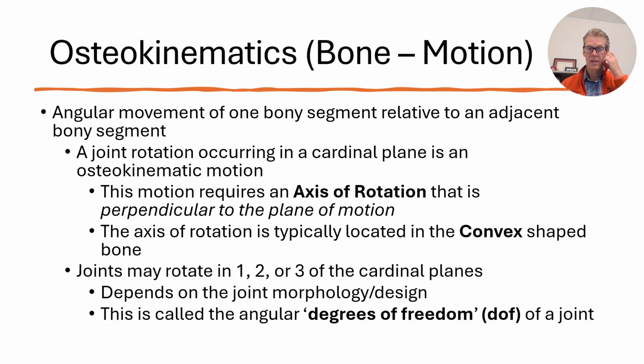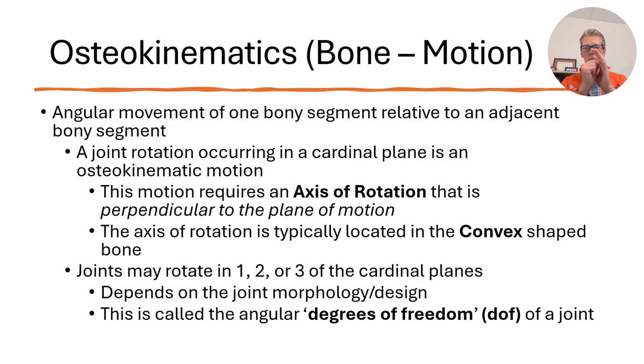So a joint rotation that's happening in a cardinal plane is an osteokinematic motion. We've got an axis of rotation going through that joint that is perpendicular to the plane of motion. And this is an important thing that you should start to orient yourself to when we think about the location of that axis of rotation, that hypothetical single axis. It's typically located in the convex shaped bone.